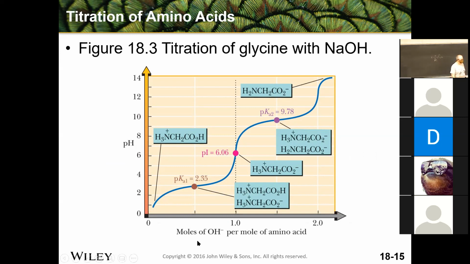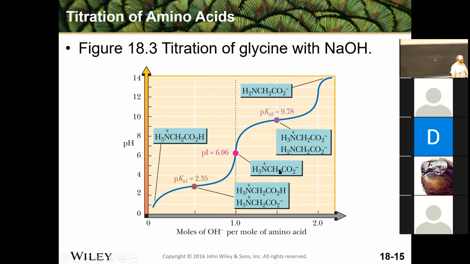All right, this is a titration curve for glycine with sodium hydroxide. Glycine is a weak acid, and halfway to the first equivalence point, the pH will equal pKa1. Okay, this is a buffer region in here.